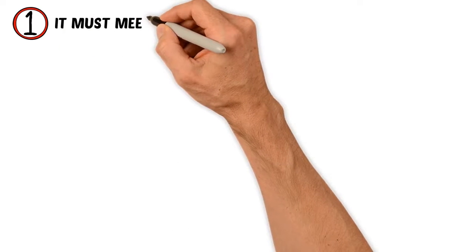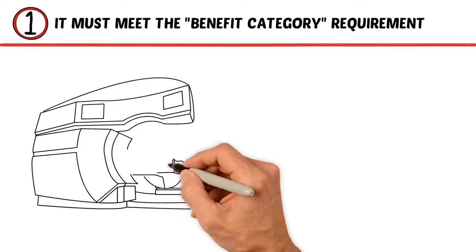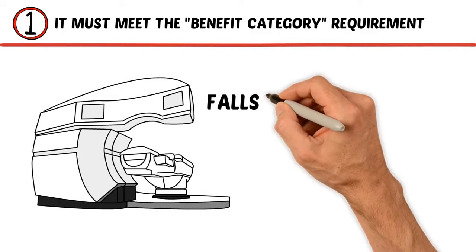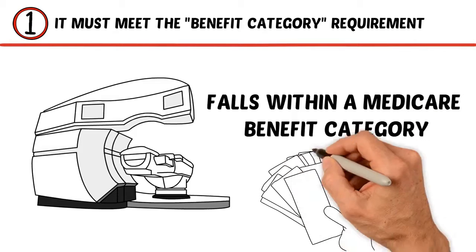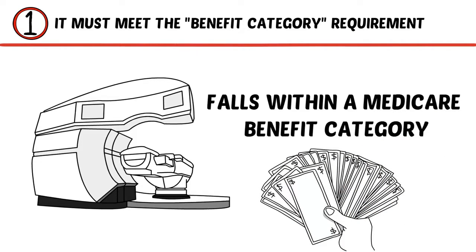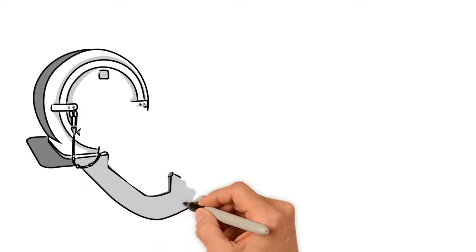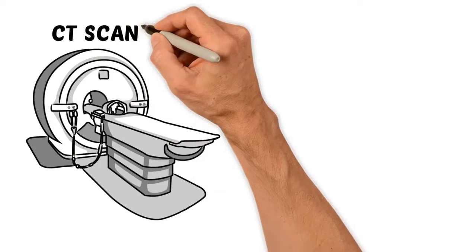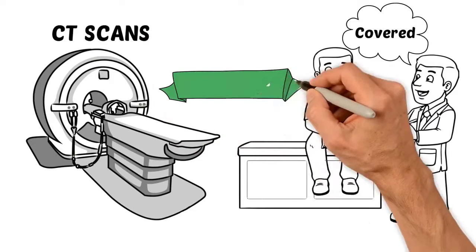First, it must meet the benefit category requirement. The investigational item or service falls within a Medicare benefit category. This means that the investigational item or service must be something that Medicare pays for generally, as an item or service. For example, Medicare pays for CT scans under certain circumstances, so a CT scan falls within a Medicare benefit category.